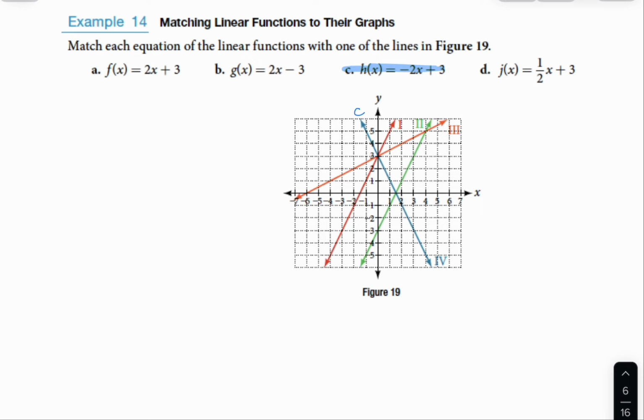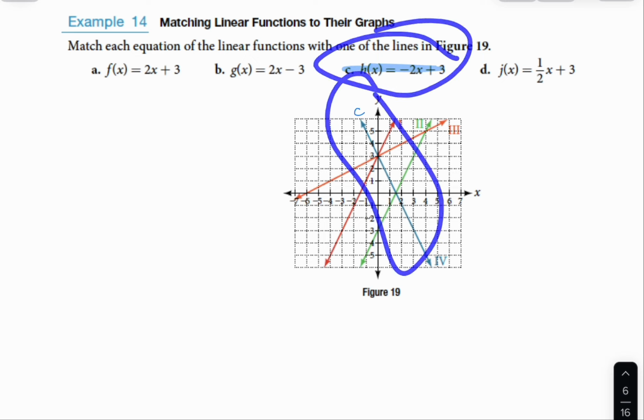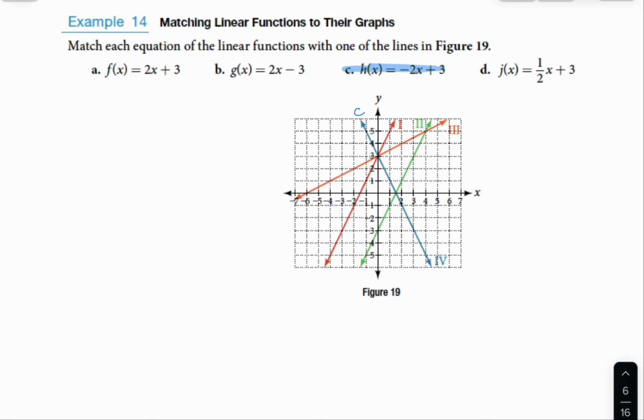So that C is in blue. They called that line 4. Okay, now if we look, the only other points that go through 3 are these two.